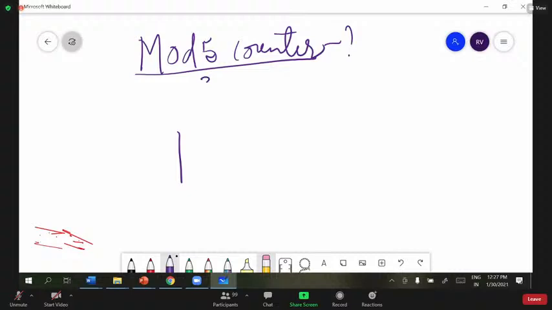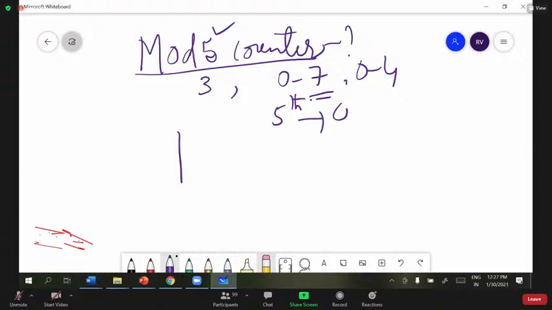If I take 3 flip-flops, what is its counting sequence? 0 to 7, that is 8 states. But the mod 5 counting sequence is 0 to 4. That means the remaining states should be skipped, right? So after 4, it should not count. That means whenever the 5th clock pulse is given, you have to reset the flip-flops. Then it starts counting from 0 to 4 only. So that logic you have to apply here.